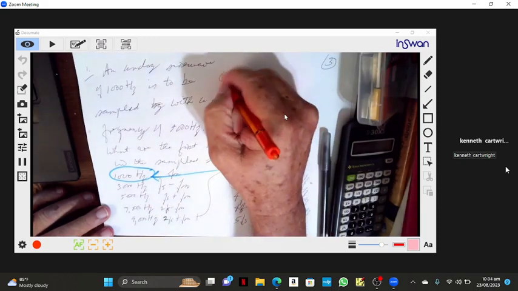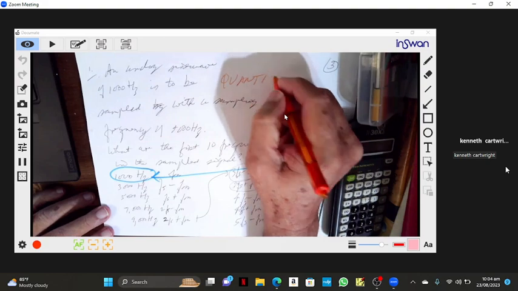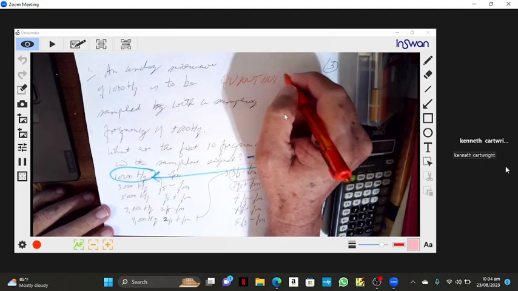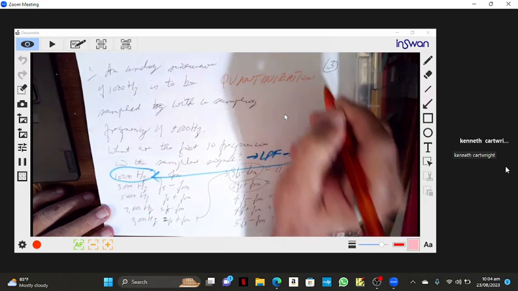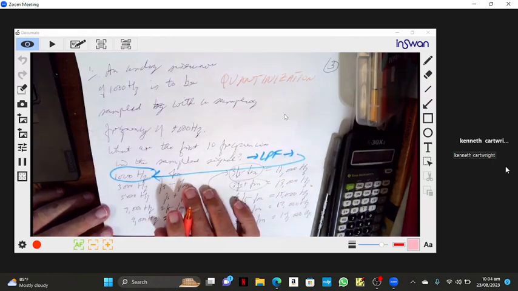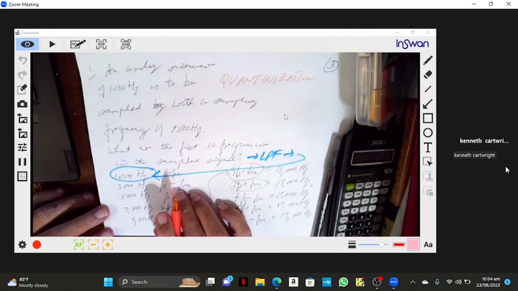It is quantization. I don't know if that's spelled right. That's the process of changing the Y values into specific values, a discrete number of values.